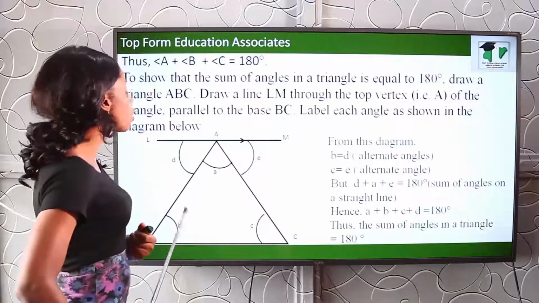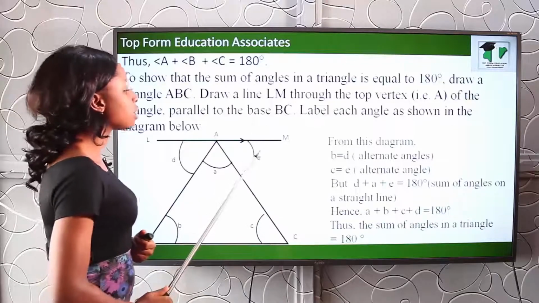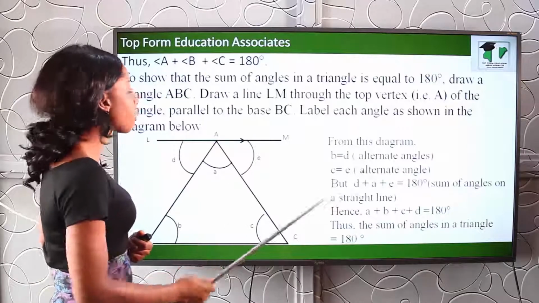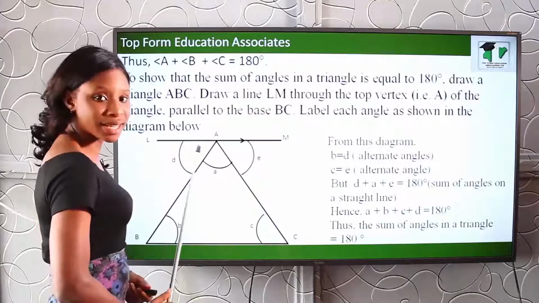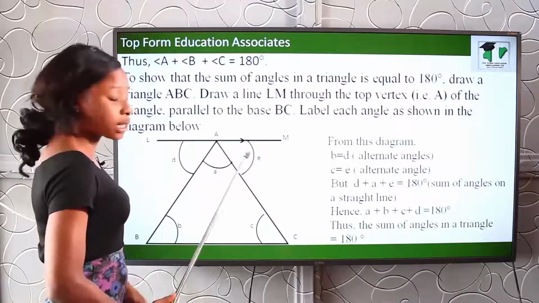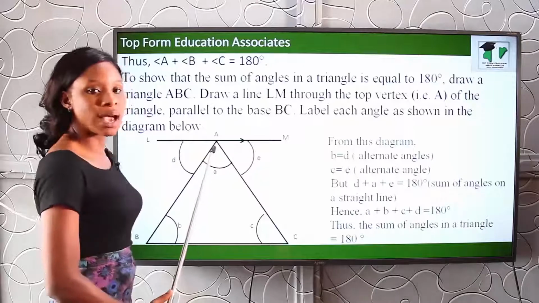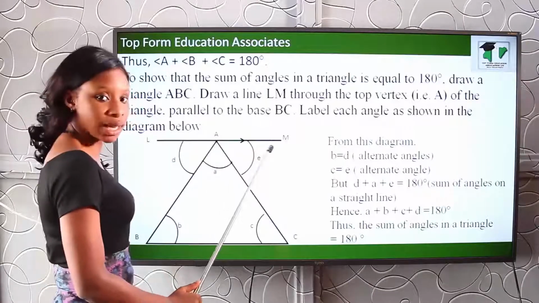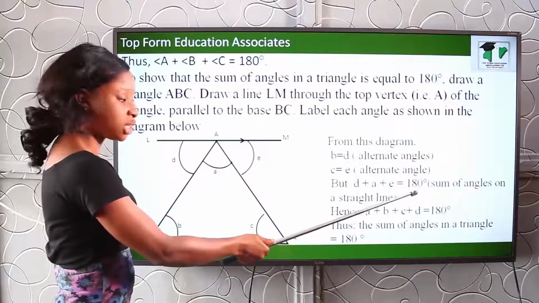So B and D are alternate angles and C and E are also alternate angles. But now, A, D, and E are on a straight line. Angle A, angle D, and angle E are on a straight line. Now, pay close attention. What did we say about angles on a straight line? We said their sum is 180 degrees.